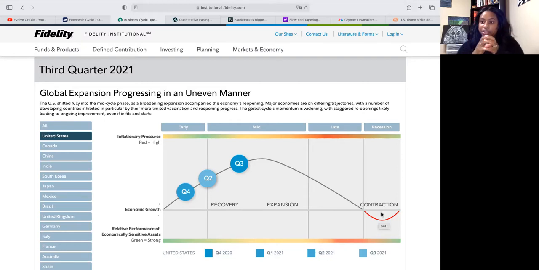We're going to see reduced liquidity across the board. We're going to see tightening of monetary policy. So quantitative easing and expansionary monetary policy is going to directly impact the recovery expansionary phases of the business cycle. The opposite of that, the reciprocal, would be contractionary phases are directly impacted by tightening, contractionary monetary policy, i.e. tapering.